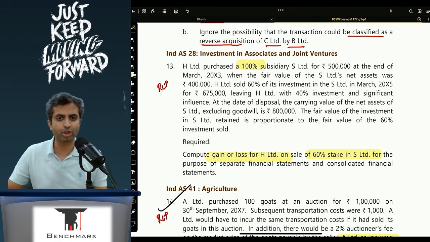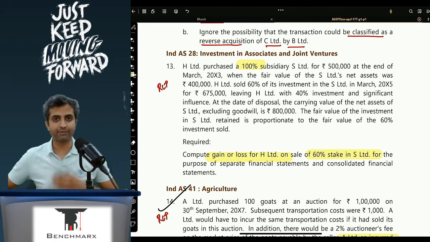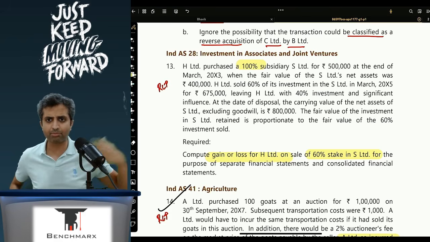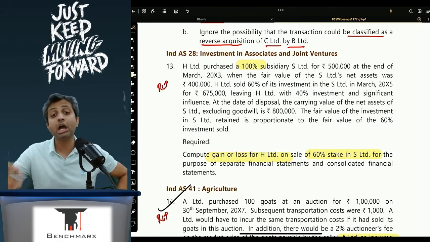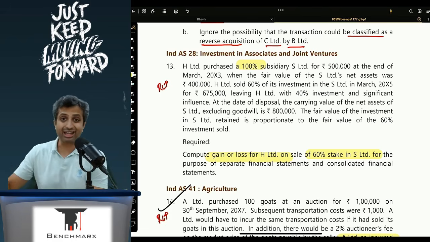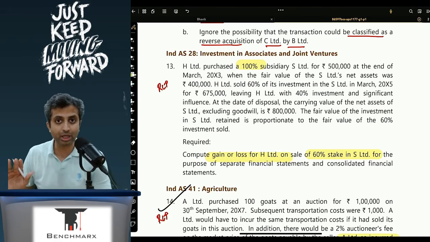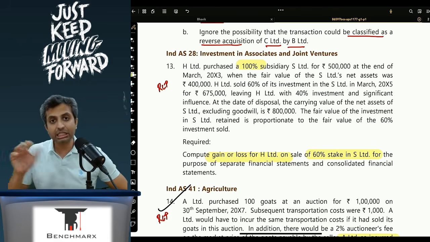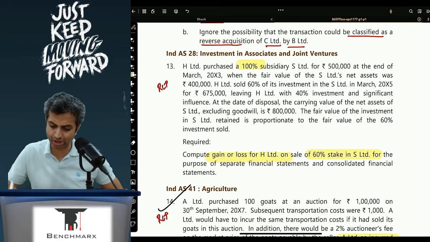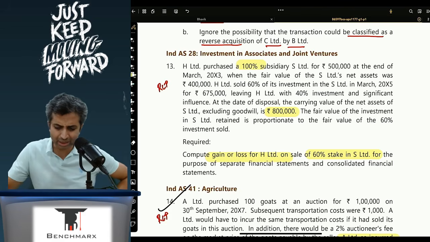So over here, what you will do is you will debit the bank account by whatever is the sale proceeds. Second, you will credit the net assets, you will credit the goodwill as well, and you will bring in the investment. This investment can be brought in at the fair value if it is available, otherwise proportionate net assets value. So over here, the carrying value of the net assets is 6 lakhs, and there would be some goodwill.